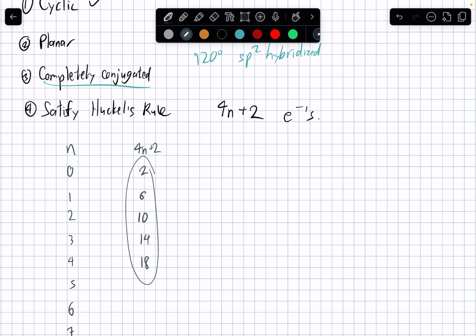Let's try to finish. Yeah, we're almost done with the chapter on aromatic compounds. I think I want to take a break. What time is it? 11:58. Okay. I can't stay too late.